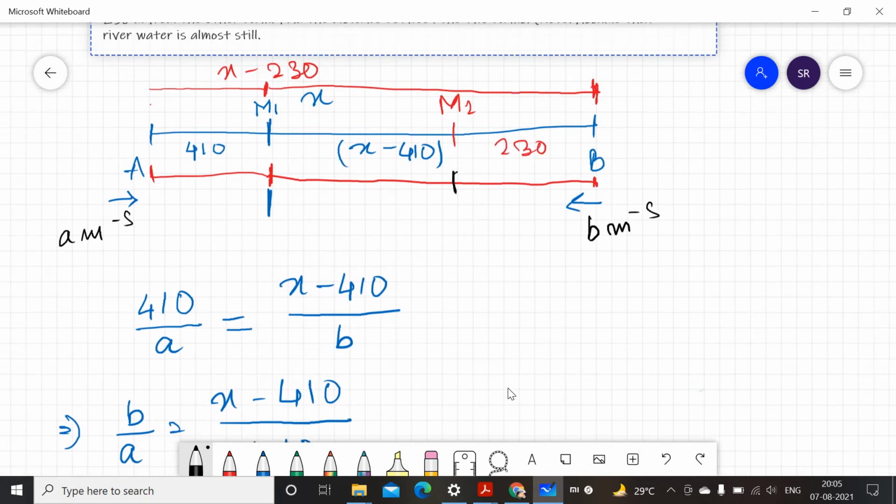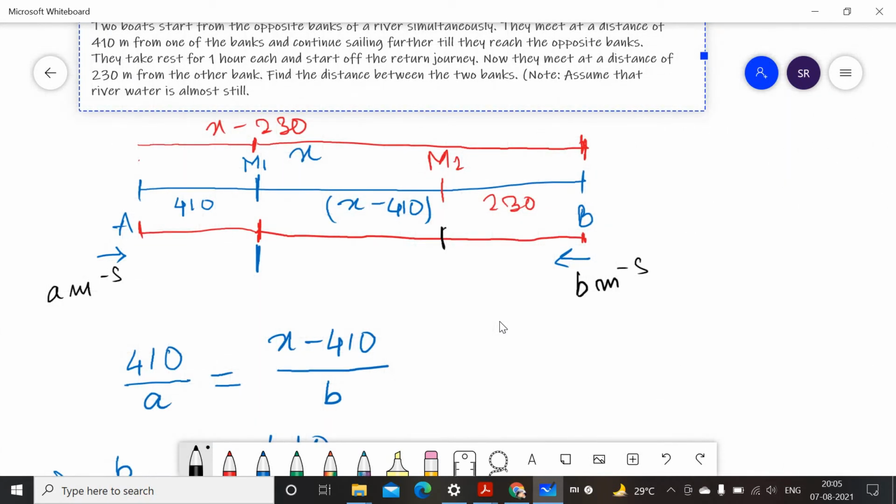now let's find out how much distance B traveled. So B had started from here, it ultimately reached here, so x, and then from here it traveled x minus 230, right?